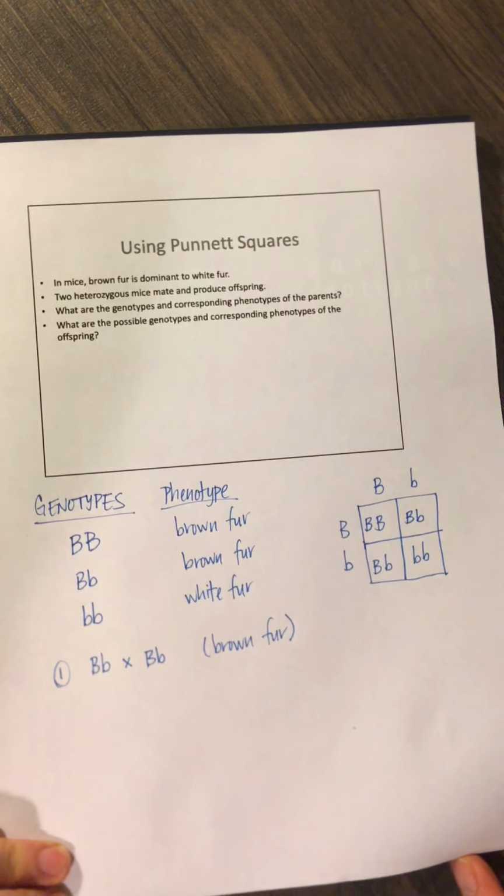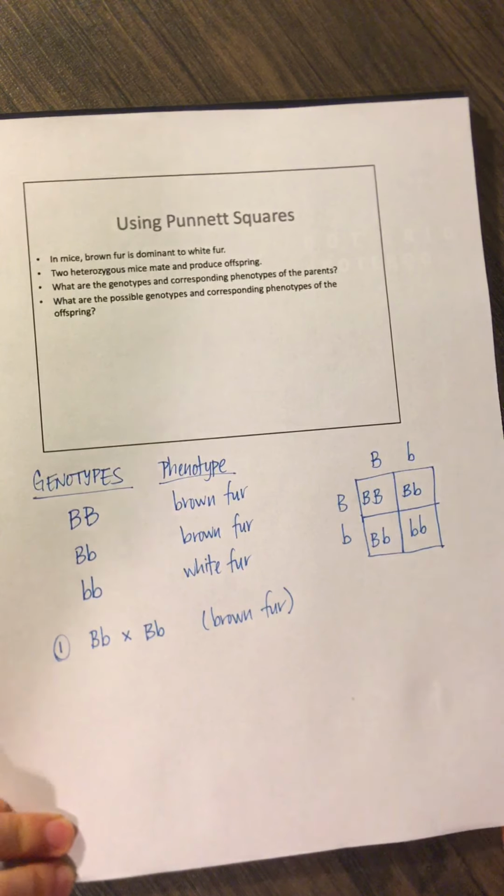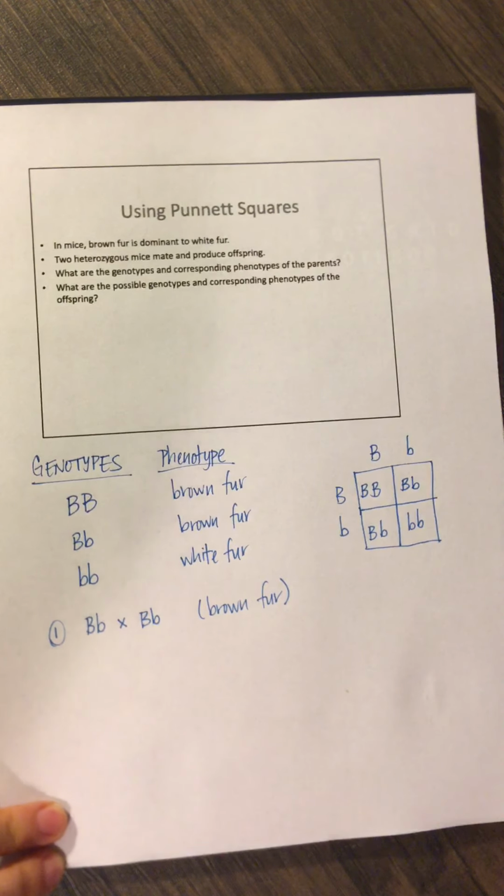So if I want to answer this second question about the possible genotypes and corresponding phenotypes of the offspring, all the information I need is in the Punnett square.